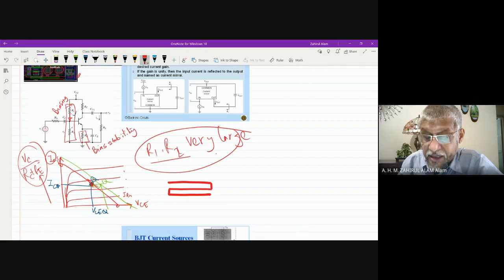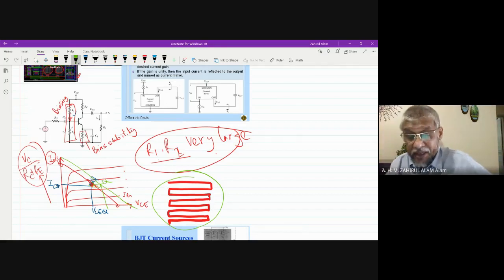For this area, the polysilicon length is small, so the resistance is very low. In order to increase it, we need to increase the length. So if we make a very large resistance, then our area is going to increase.